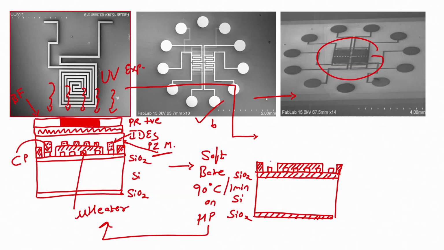After photoresist developer, how will the schematic look? The schematic will look like the one that I am drawing on this particular screen.